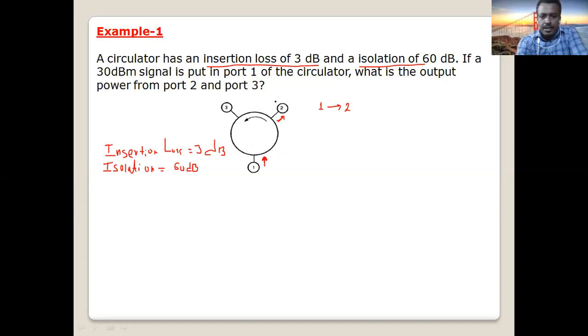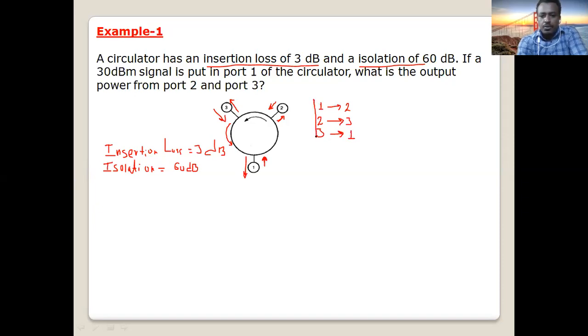Now if a signal comes from port number 2 as input, where will be the output? The signal will be guided in the anti-clockwise direction, and the output will be port number 3. Now what will happen if the signal comes from port number 3 as input? Because the signal is guided in the anti-clockwise direction, the next port, port number 1, will be the output.